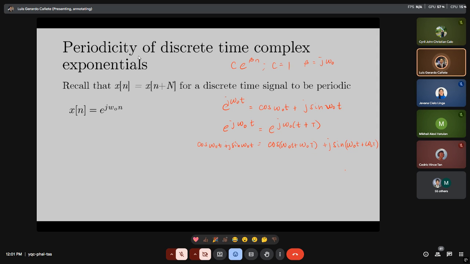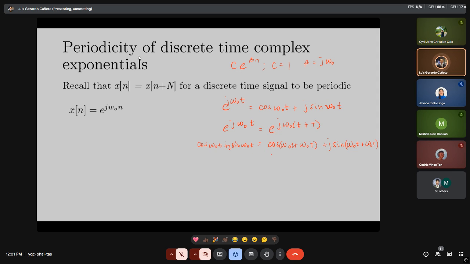So this mere fact just basically means that the only way that this holds true is if the right-hand side is equal to the left-hand side. That's all that it means. But we can show that there exists a number tau that you can add to this that will make this statement true.